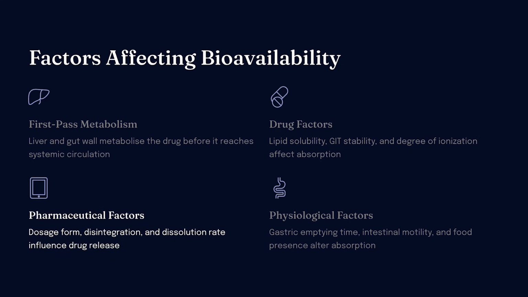Third, pharmaceutical factors such as the dosage form, disintegration, and dissolution rate determine how effectively the drug is released for absorption. Finally, physiological factors including gastric emptying time, intestinal motility, and the presence of food can alter drug absorption and therefore bioavailability.